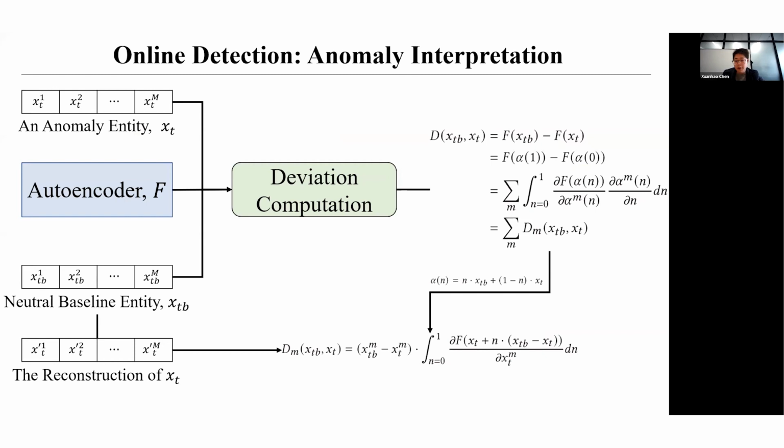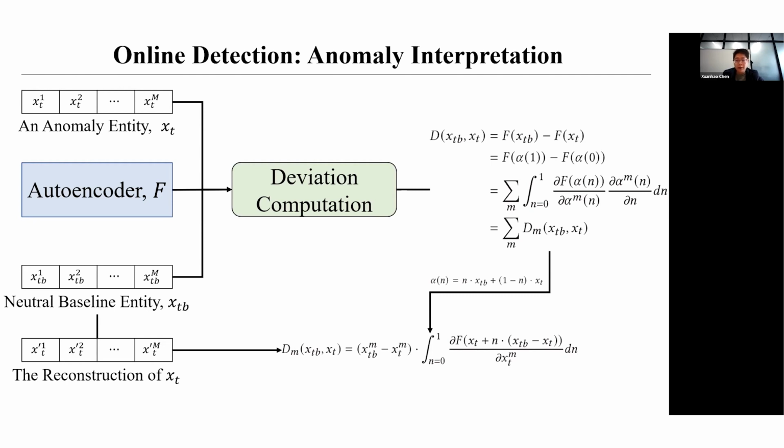When selecting a neutral baseline entity, we can compute the deviation between the input and the neutral baseline entity by the autoencoder. Since the reconstruction of the input data is crucial to determine whether the input is anomalous or not, we use the reconstruction as the neutral baseline entity of an anomaly.